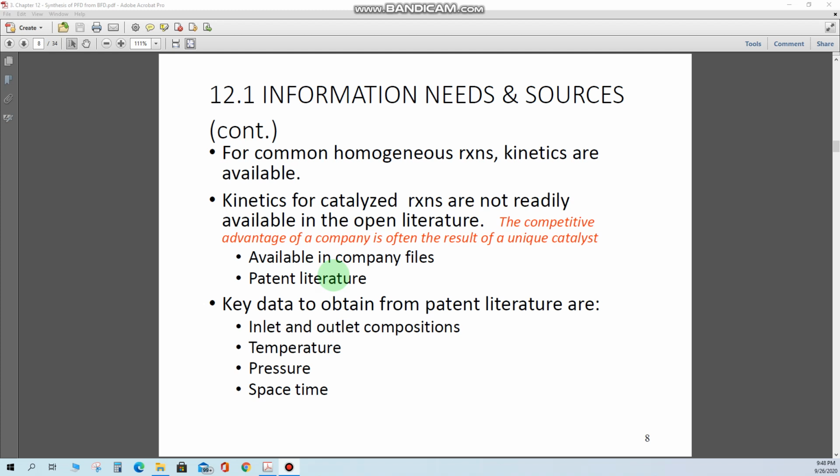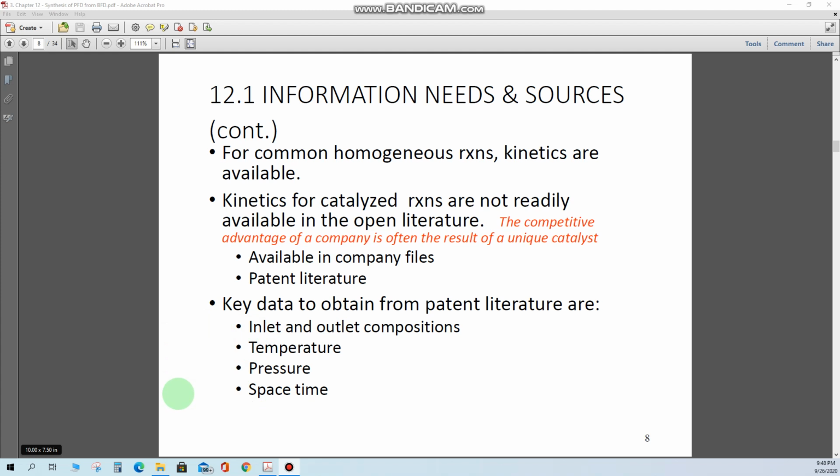So how can you actually get that information? Key data to obtain from patent literature are inlet and outlet compositions, temperature, pressure, and the space-time. So these are the four things that you can get from any patent, including what the inlet and the outlet compositions could be.